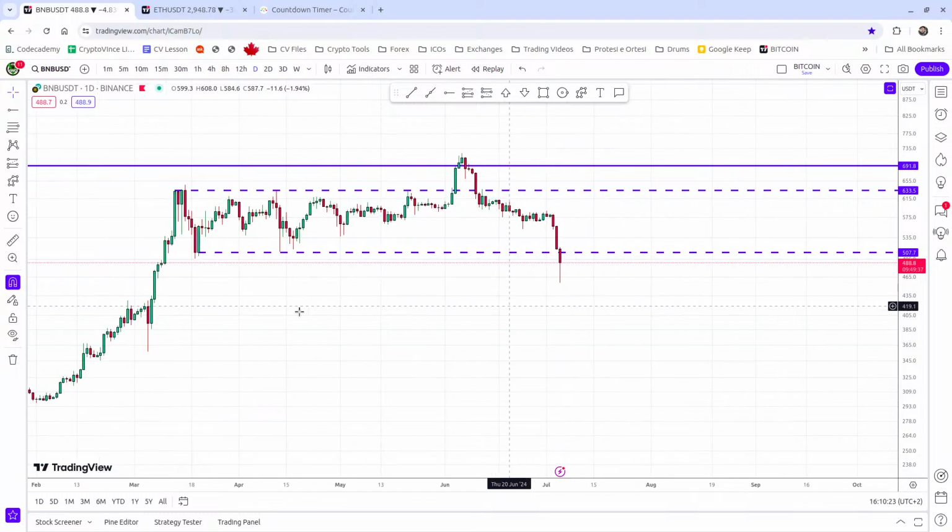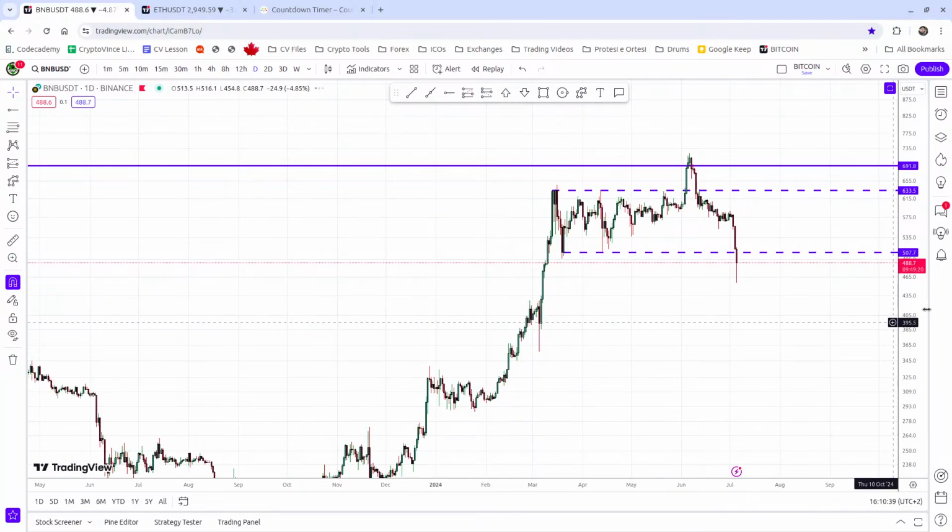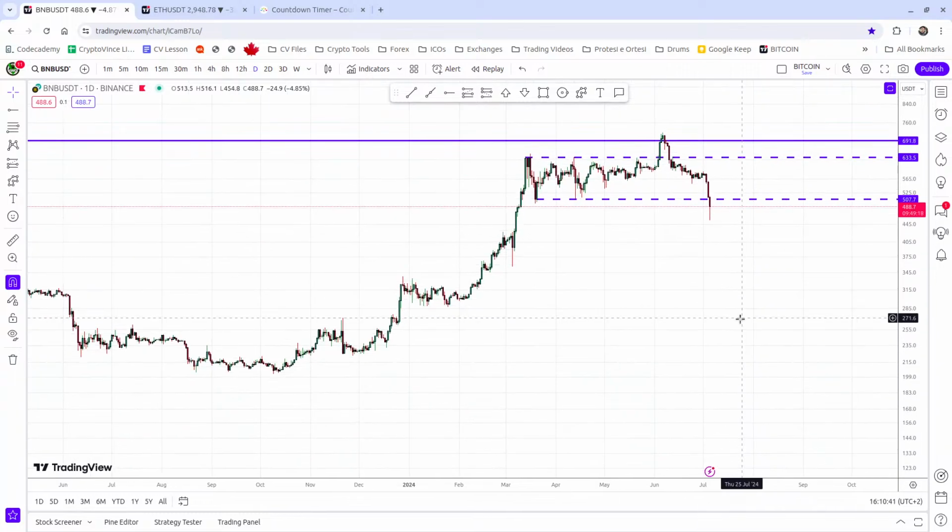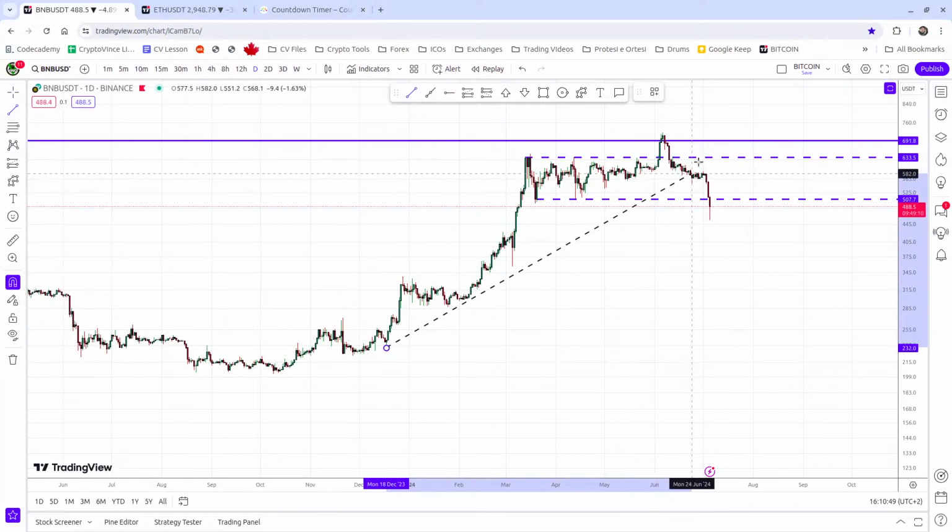I had a bounce in the middle of nowhere, but yeah, he needs to recover above that level, I guess, to start to keep the uptrend, but as you guys can see, it was already broken. Right there.